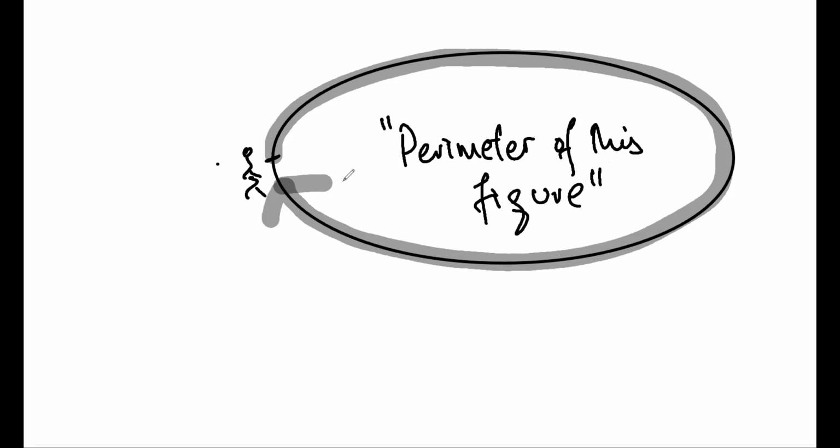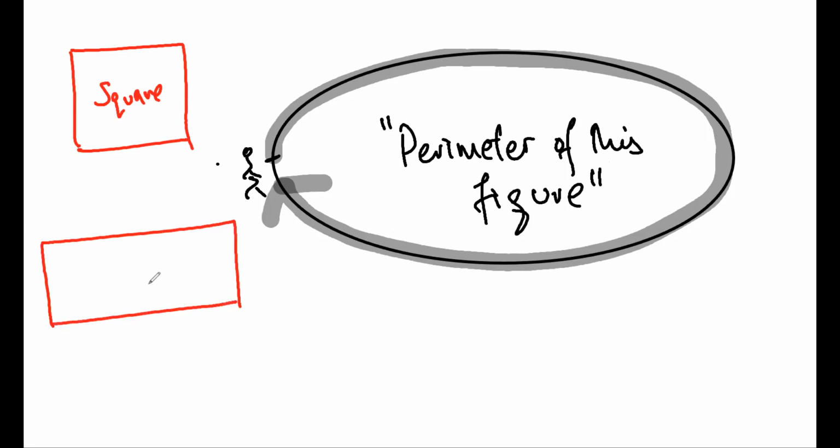Now, for simple figures, for example, let us assume that this is a square, or a simple figure like a rectangle. I can have another simple figure like an equilateral triangle.